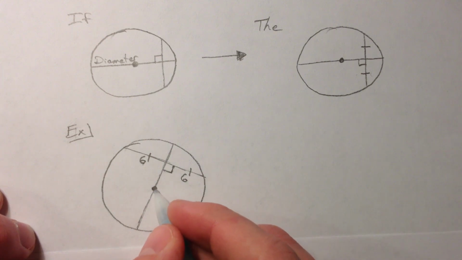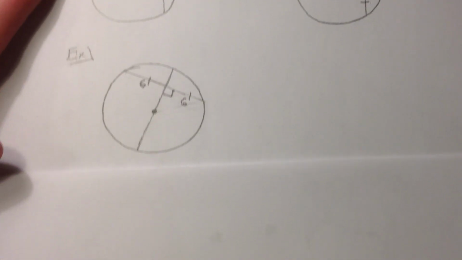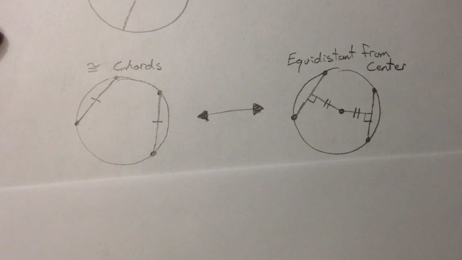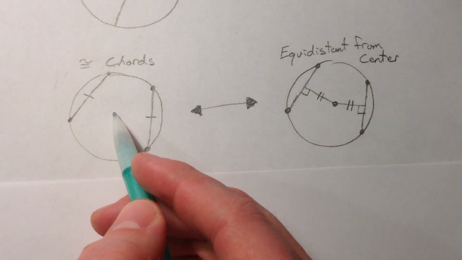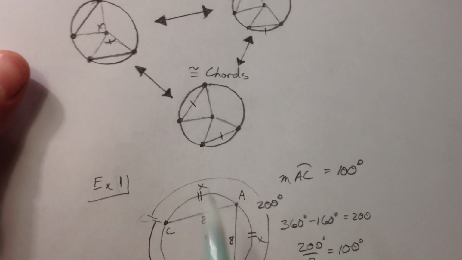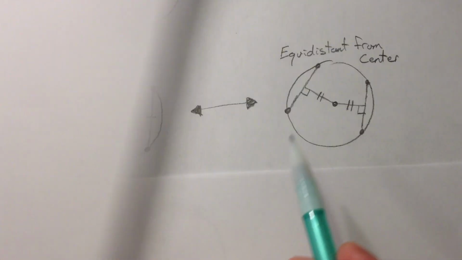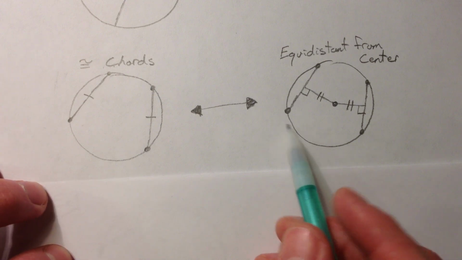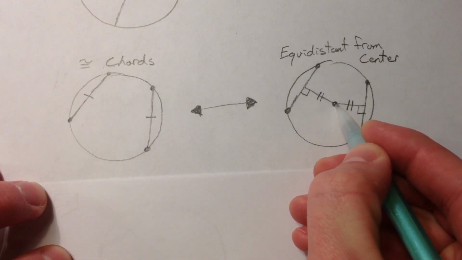You can also use this in triangles and use the radius and things like that. Also, if we have congruent chords, we talked earlier about if we had congruent chords, then we would have congruent central angles and congruent arc measures. But here I want to talk about how if we have congruent chords, they are the same distance from the center.